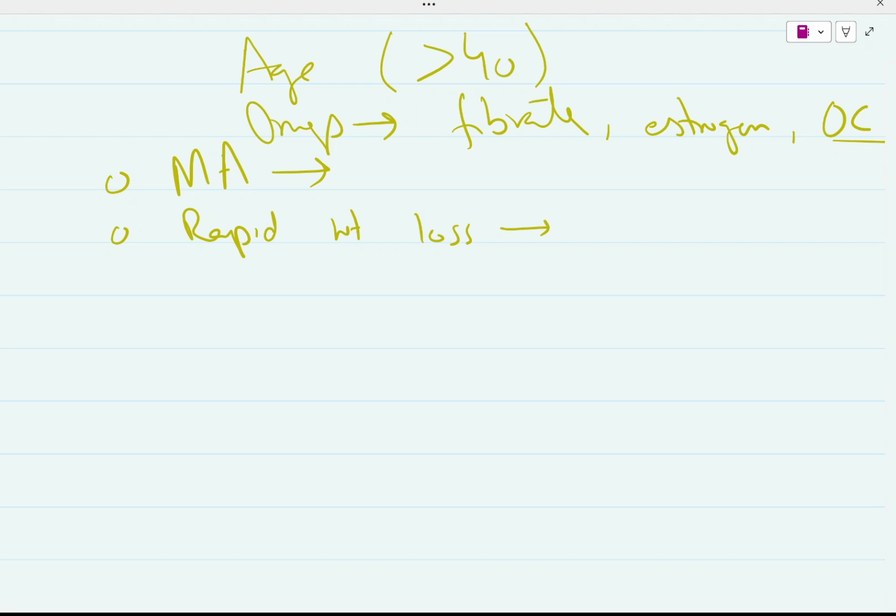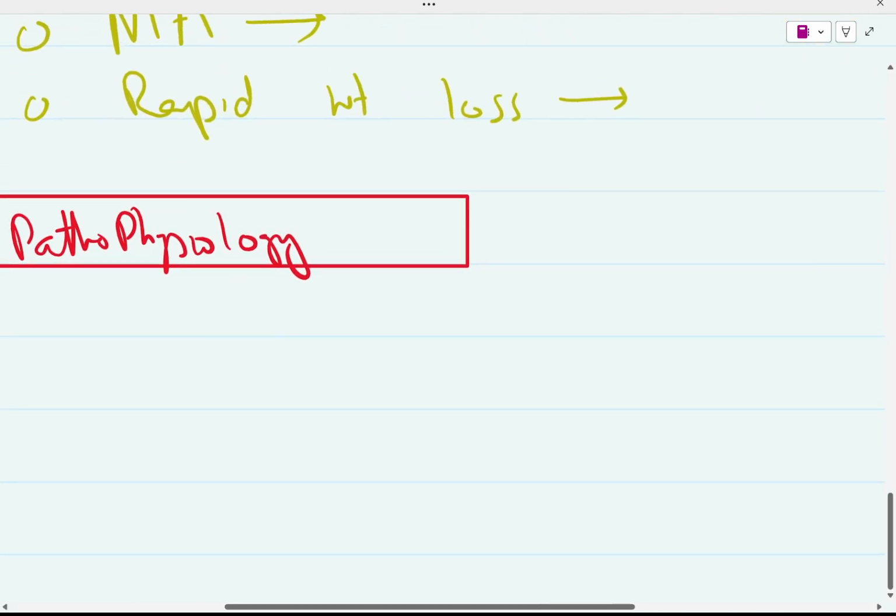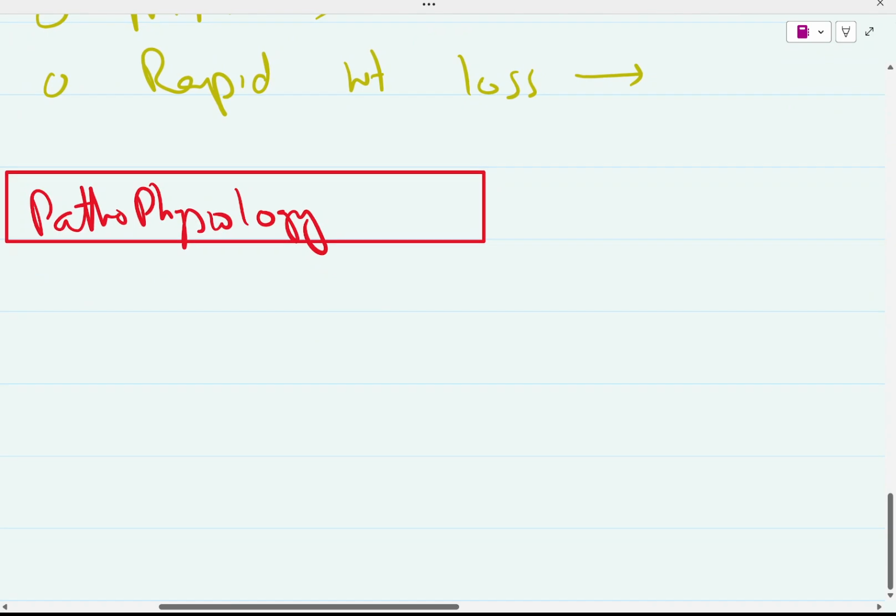So what is the pathophysiology? Now the main point we are going to discuss is how cholesterol stones are formed. In this lecture, you are going to understand everything behind the formation of gallbladder stones.